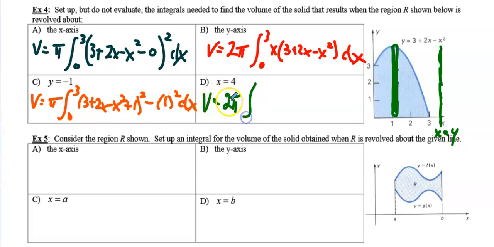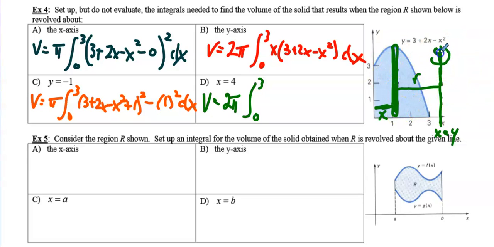So we're going to do 2 pi, and then we're going to integrate from 0 to 3, so that doesn't change. Now this one's really good because our radius is actually not simply going to be x. Remember, the distance between our axis and our rectangle is x. But my radius is going to be this, because we're revolving it around this line right here.